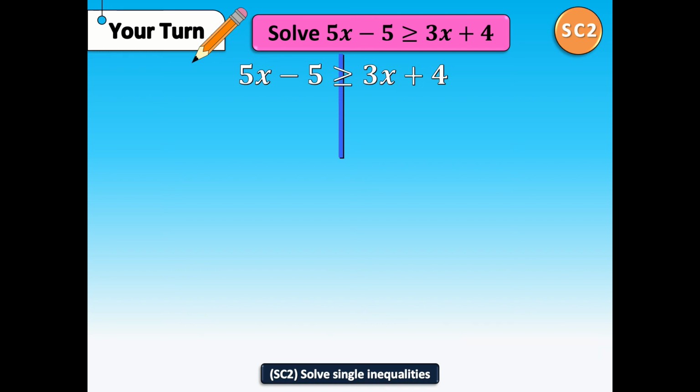I start by getting rid of the smallest letter, and 3x is smaller than 5x, so I get rid of 3x from both sides. That leaves me with 2x minus 5 is greater than or equal to 4.